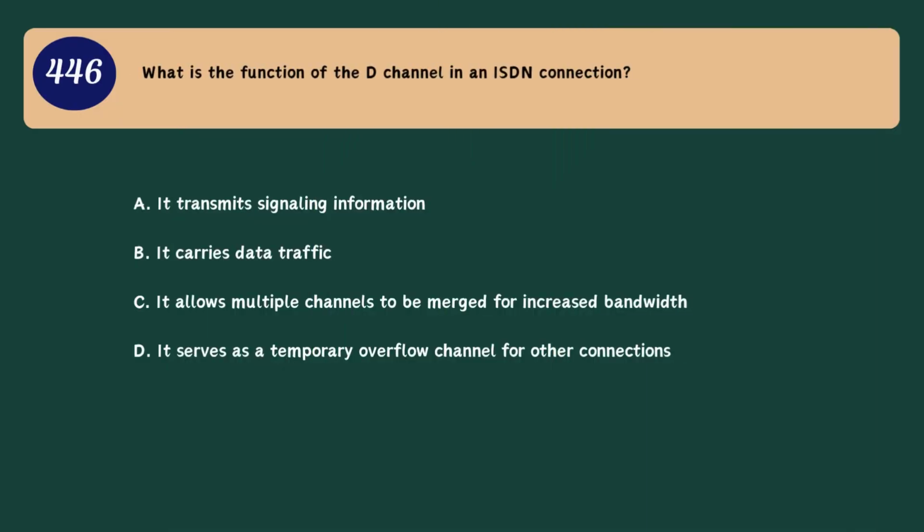Question 446. What is the function of the D channel in an ISDN connection? A. It transmits signaling information. B. It carries data traffic. C. It allows multiple channels to be merged for increased bandwidth. D. It serves as a temporary overflow channel for other connections.